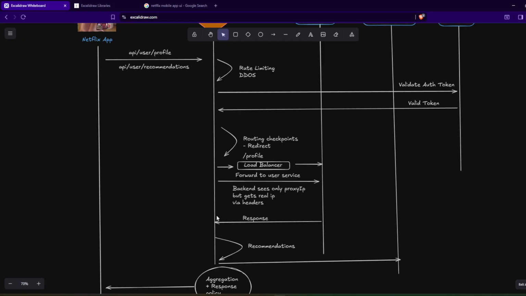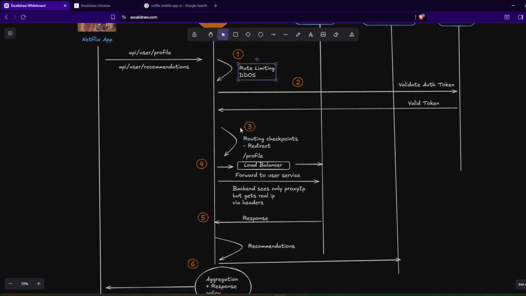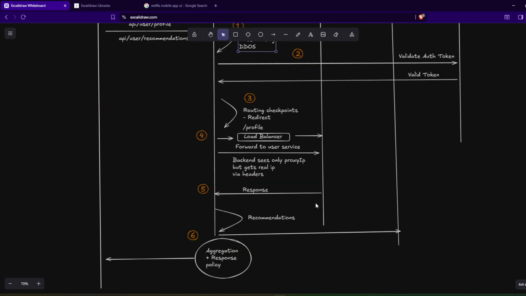You can see so many steps are involved here. If I number them for your convenience, at the initial level it checks for DDoS or any other kind of traffic attack. Then it validates the auth token. After validating, it controls the routing, and then it routes. During that process, it can or cannot work as a load balancer.